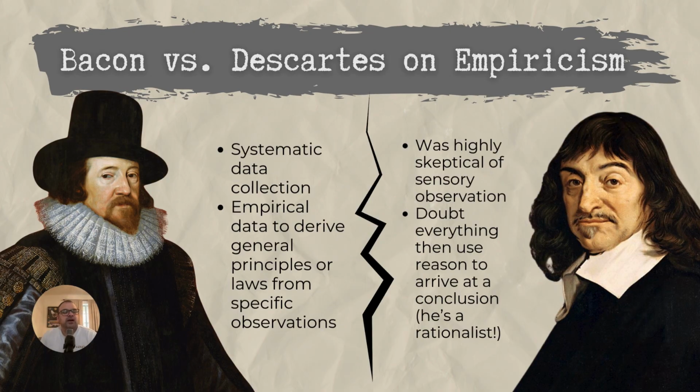Now, so far, we've talked about these two particular figures in the context of empiricism, but how do their ideas differ, right? How are Sir Francis Bacon and Rene Descartes different? Now, Bacon and Descartes both approach empiricism in some different fundamental ways, right?